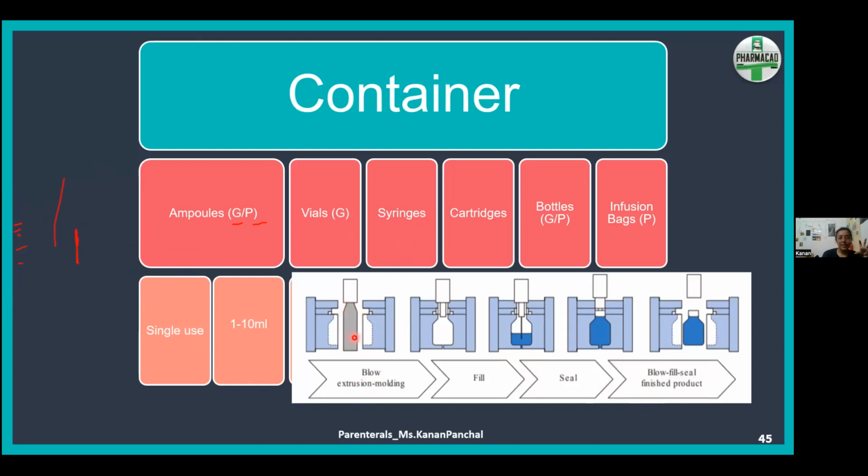You blow in your plastic ampule, inflate it, and then fill your content in it, and then seal it right there, and then you get your finished product. So in one line you will blow and inflate the ampule, fill the content, seal it, and all of this should be under sterile aseptic conditions. All right, this is the process for plastic ampules.